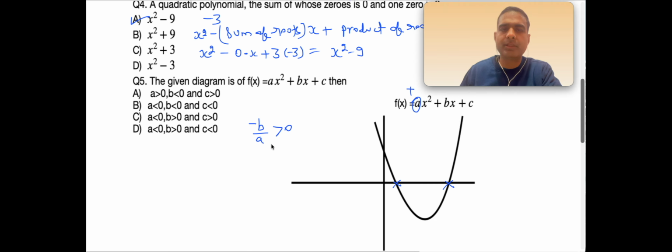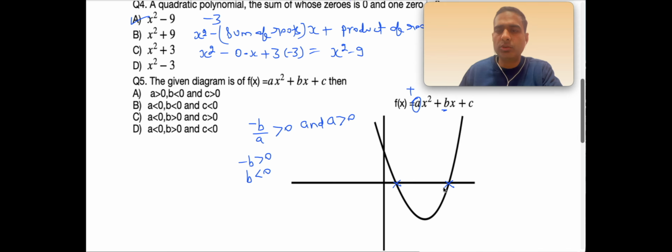So minus b by a is greater than 0, and a is greater than 0. So if a is positive and minus b by a is positive, it means minus b should also be positive. So if minus b is positive, b should be less than 0. So b is negative.